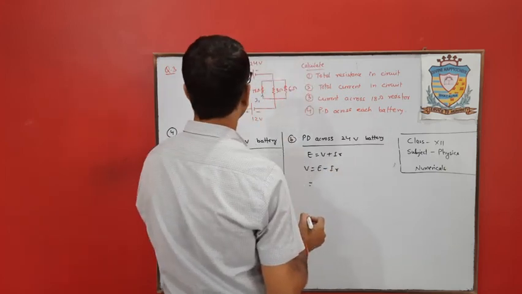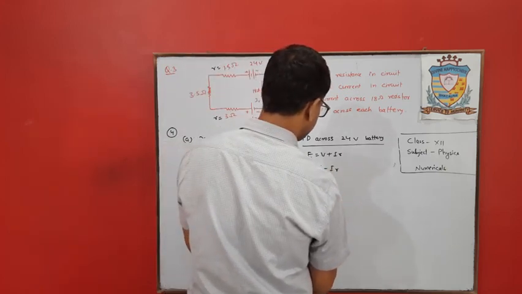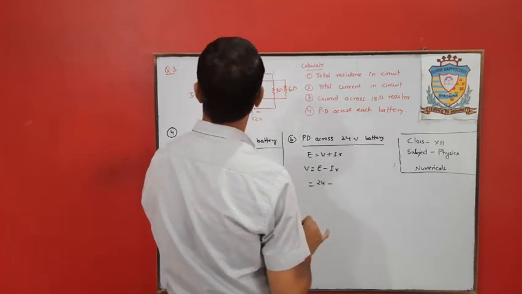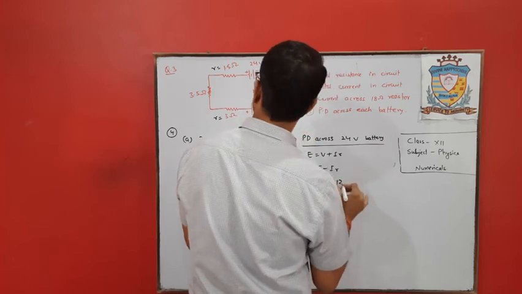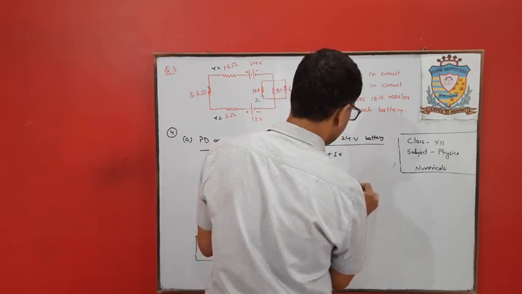Value of E is 24 volt minus I, which is 12 by 11, into internal resistance 1.5.